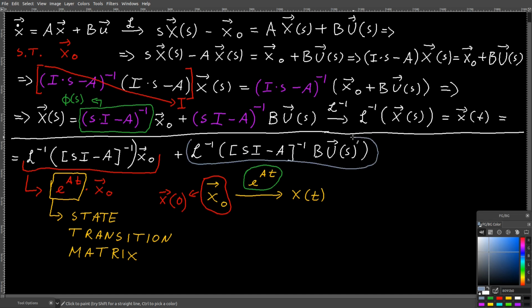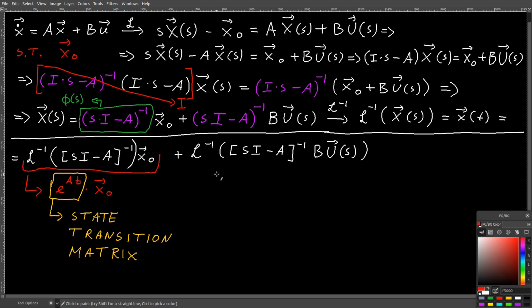But now, let's look at the second term. In the second term, you can see that you have a multiplication in the Laplace domain. But in the previous course, in the differential equations section, you learned that multiplication in the Laplace domain is a convolution integral in the time domain.